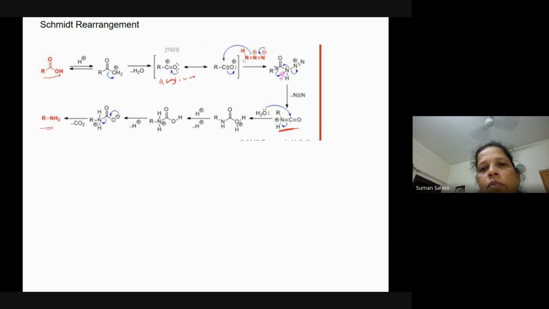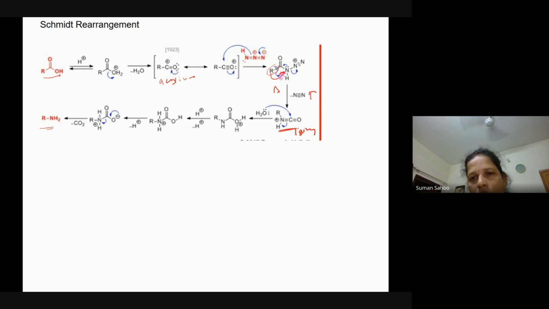This acylium ion is stabilized by resonance, and you treat it with hydrazoic acid to give you acyl azide. When you heat this acyl azide, nitrogen gas is removed to give you the isocyanate intermediate. So this would go here, and nitrogen gas will be expelled.